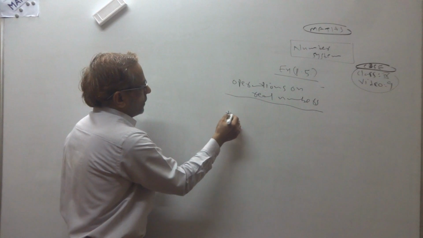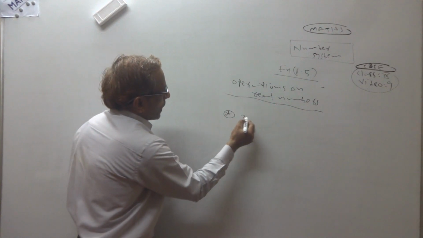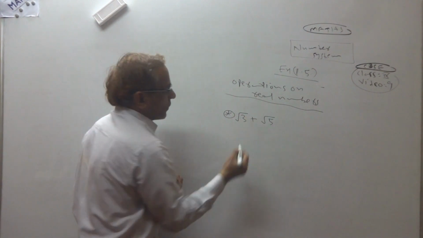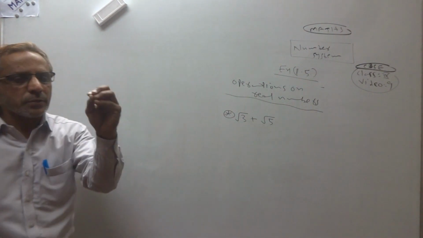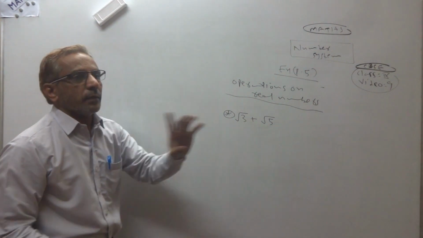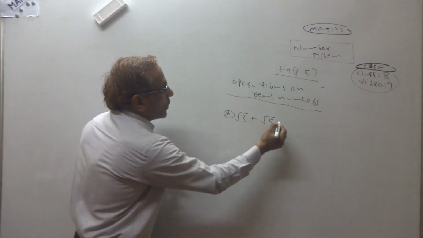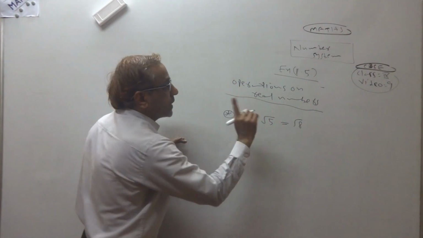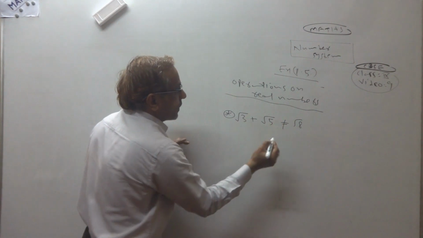Please see. Suppose I have to add root 3 plus root 5. I am just showing some basic facts. Root 3 plus root 5, we cannot add them. You can't say it is root 8. It is wrong.